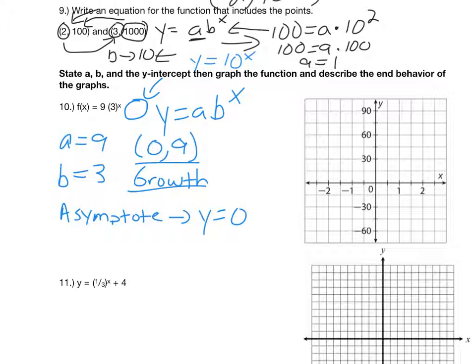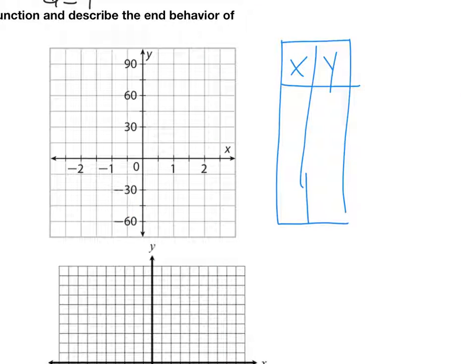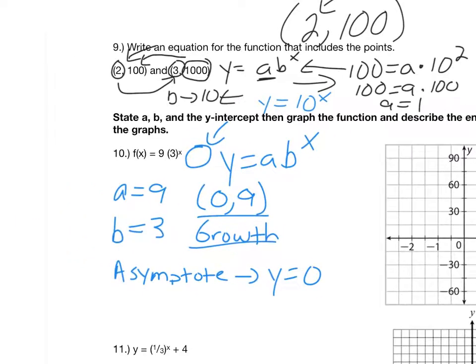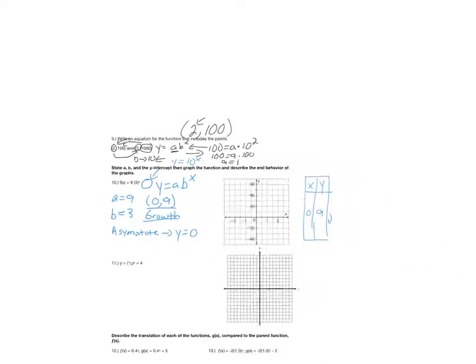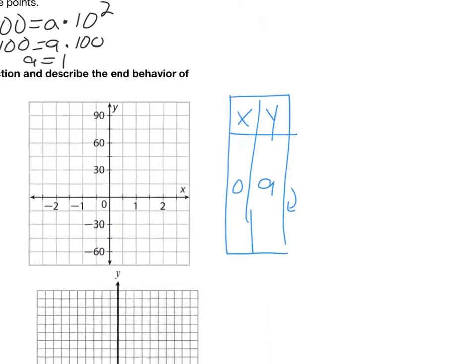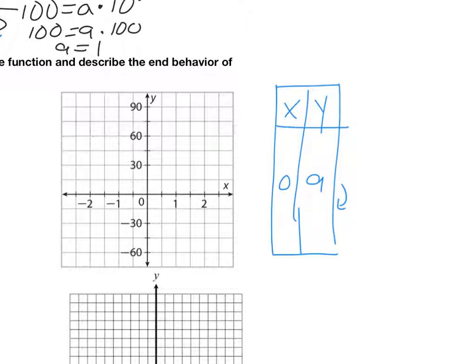Now, we're going to go ahead and graph this using a table. So remember, a was 9, so we'll put 9 here in the middle, and that is our y-intercept, so we know that x is going to be 0. What's our multiplier? Our multiplier is 3, right? So that means we're multiplying by 3 every time. Remember, b is what the multiplier is, so in this exponential function, b was 3, so that's our multiplier. That's what we're multiplying by every time in this geometric sequence. So if we multiply 9 by 3, our first term would be 27.